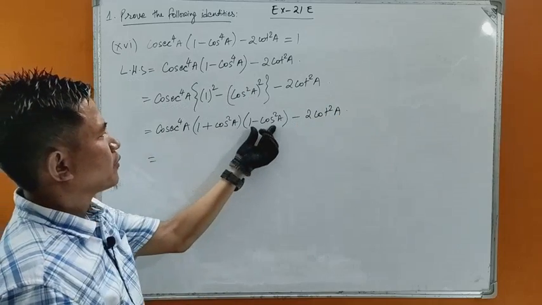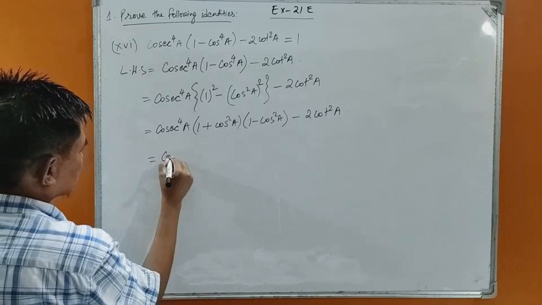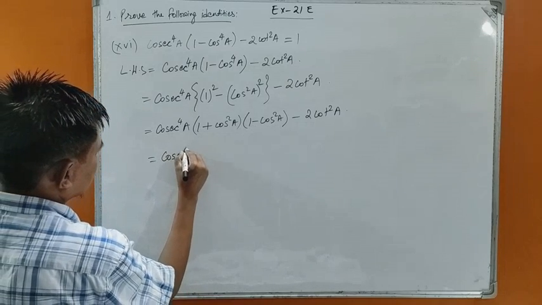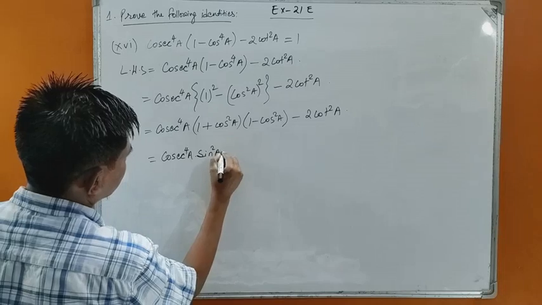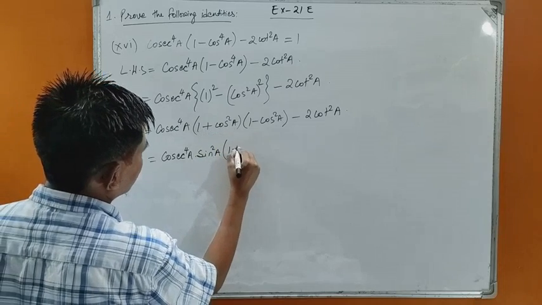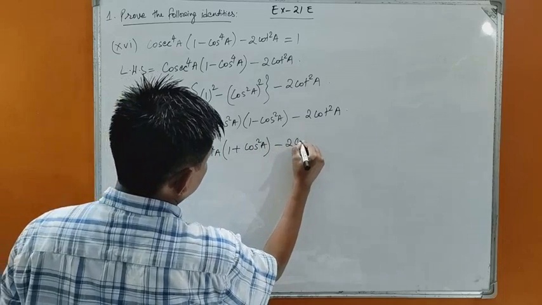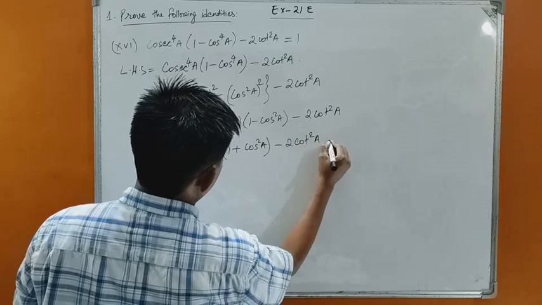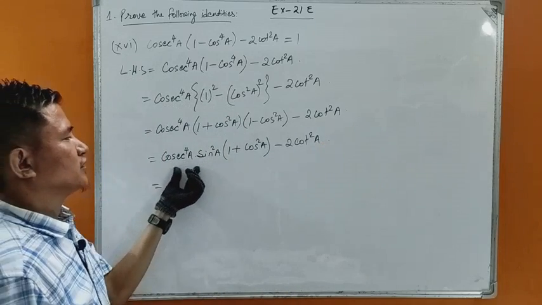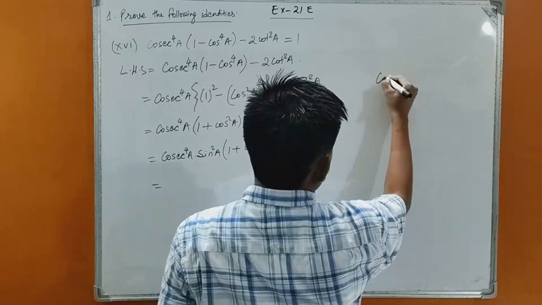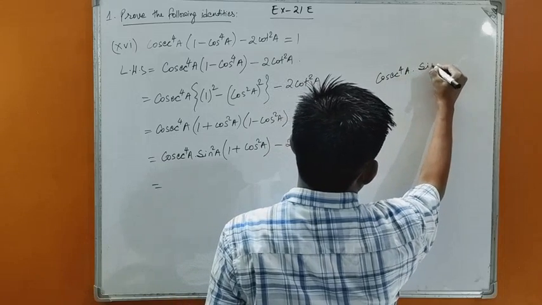So 1 minus cos square A is sin square A. So cosec to the power 4A into sin square A into 1 plus cos square A minus 2 cot square A. So cosec to the power 4A into sin square A is cosec to the power 4A into sin square A.